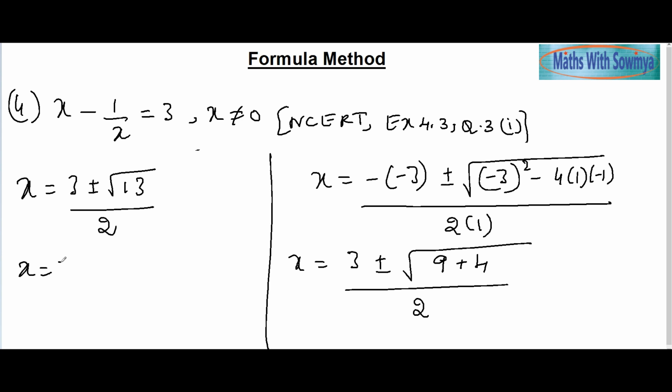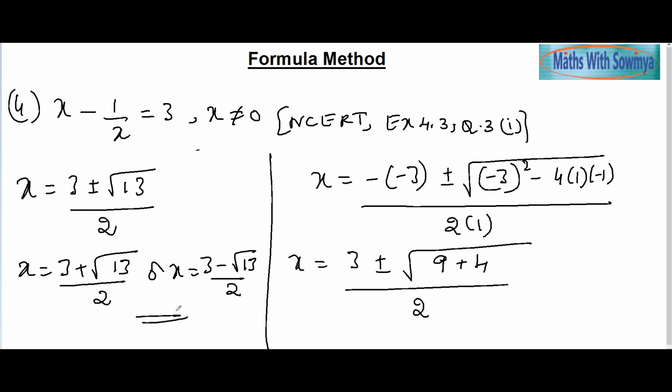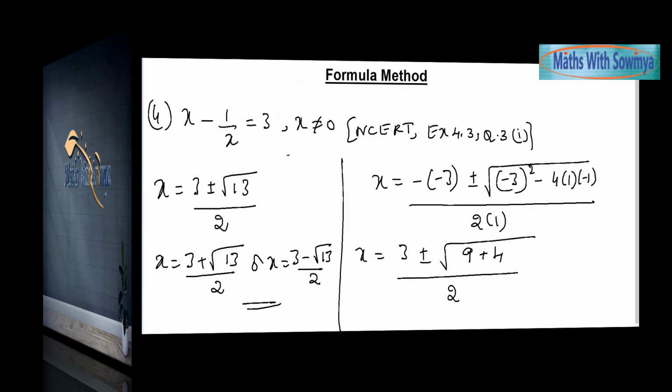So, x is 3 plus root 13 by 2 or x is 3 minus root 13 by 2. That will be the answer we get here.